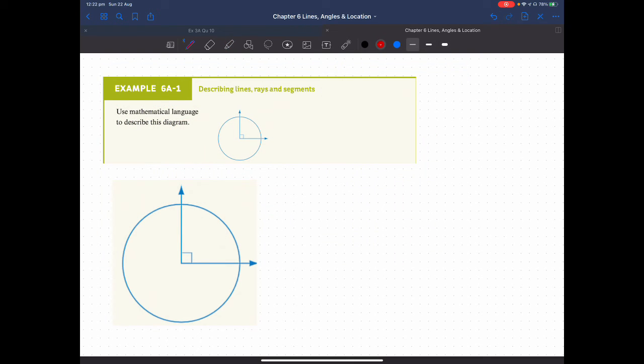In this example, we're asked to describe in mathematical language the diagram. So first thing I'm going to do is identify for you what we can see. We can see we have a circle. We have a ray, and we have another ray.